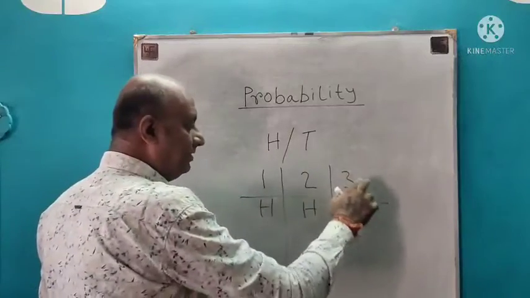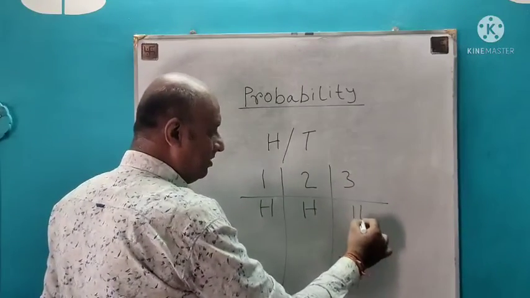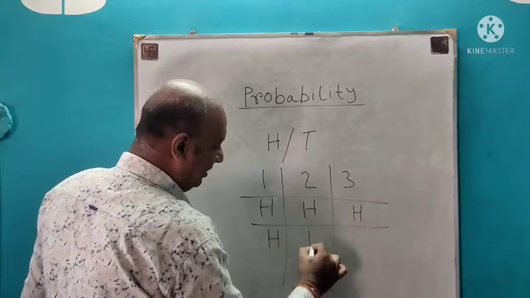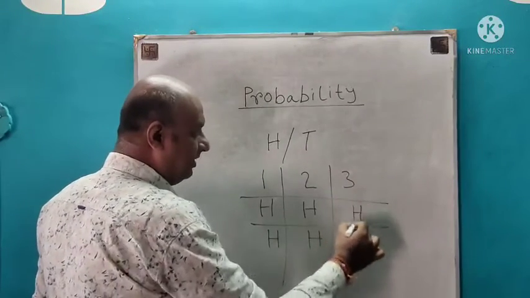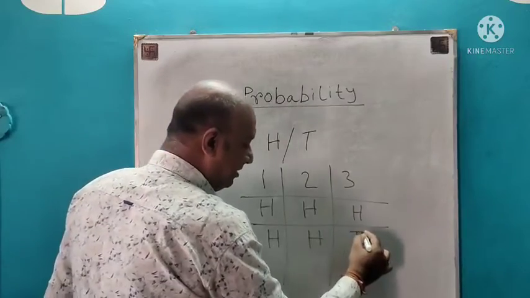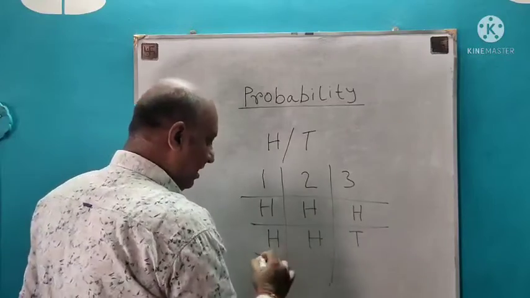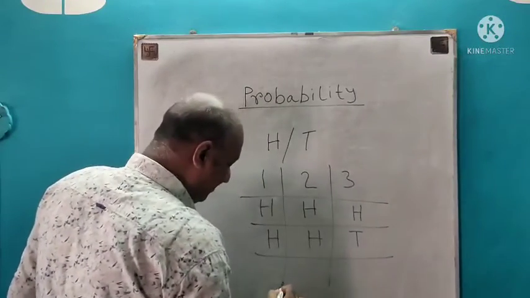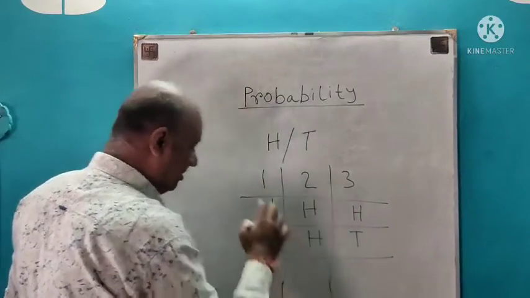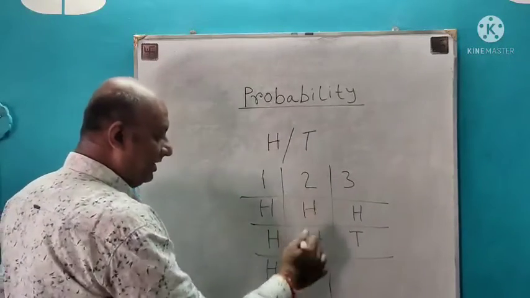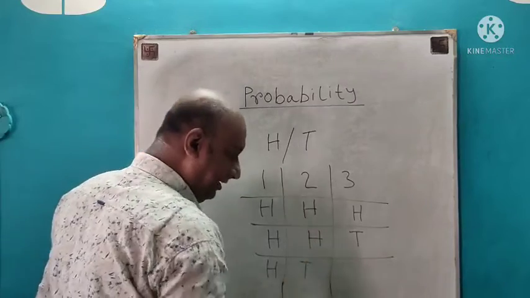So the possibility in the third coin can be a head, and then head in the first coin, head in the second coin, the possibility that we can get a tail in the third coin. So head head head, head head tail. Now keeping the first coin fixed, head, we can get a tail in the second coin.